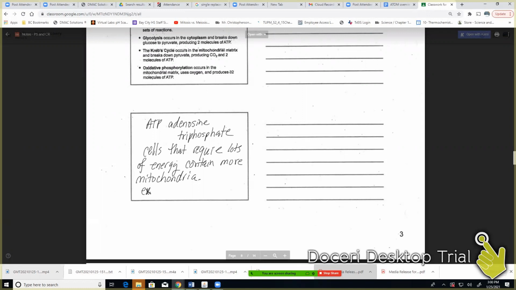How about muscles? Muscle cells. Also, when we do a lot of exercise, what beats real fast? Heart. So heart cells would have a lot of mitochondria in them too.